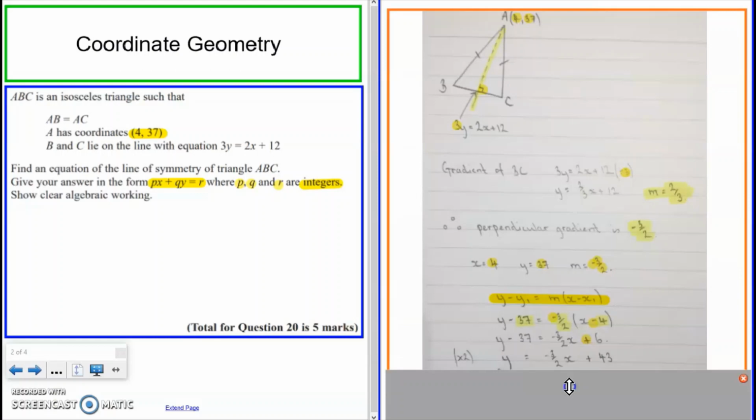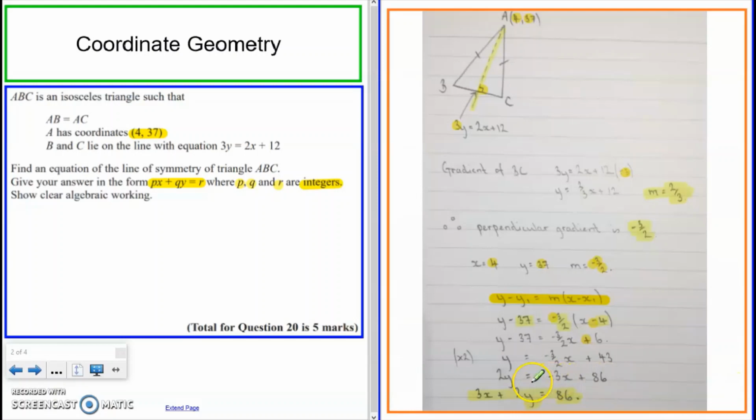So I've multiplied by 2 to get rid of the fraction. So every term gets multiplied by 2. And then I've gone ahead and added 3x to each side. So it's the equivalent of taking this minus 3x and moving it onto this side to become a plus 3x. I've added 3x to this side as well as adding it to this side. Now I have my answer in the correct order that the question asked for.